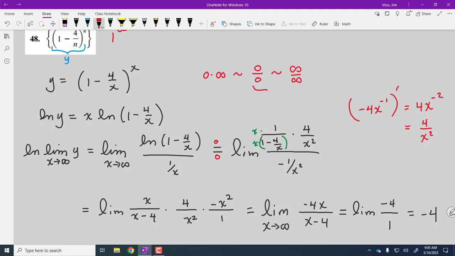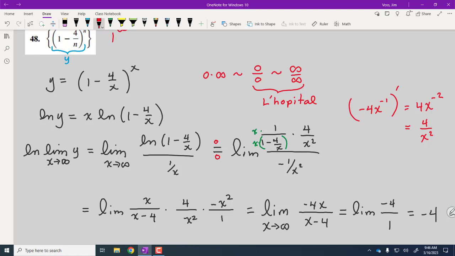Once you have one of these two forms, then you can use L'Hopital. We can't use L'Hopital until we have infinity over infinity or 0 over 0. It's got to be one of those two. We can't use L'Hopital directly when it's 0 times infinity.